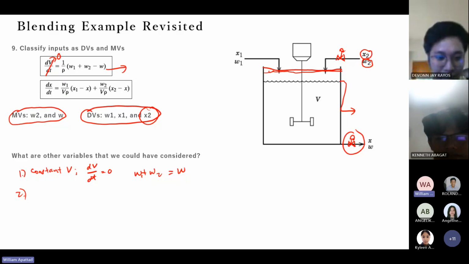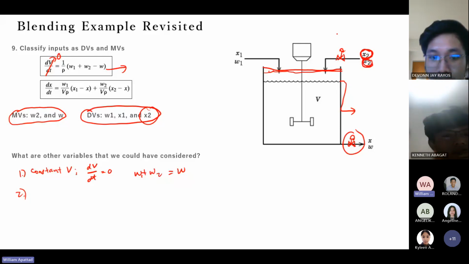Kasi 'di ba kapag may valve kayo and hindi nyo rin alam kung ano yung value nung pumapasok. So hindi nyo alam ang value nitong X2. Okay? So ang direktang ma-manipulate nyo lang is W2, hindi itong X2.